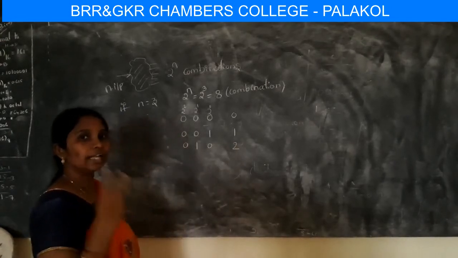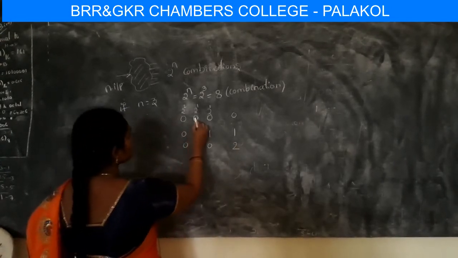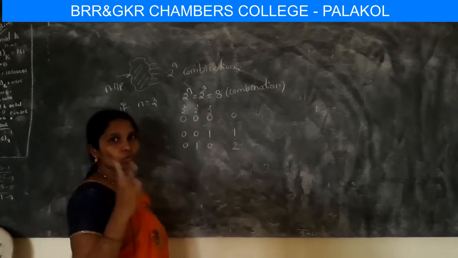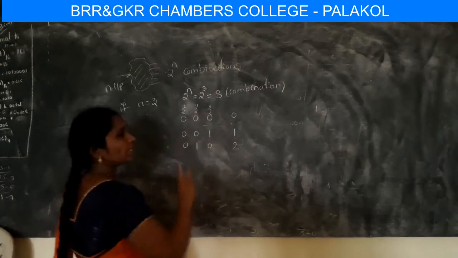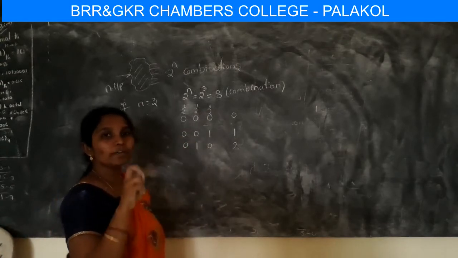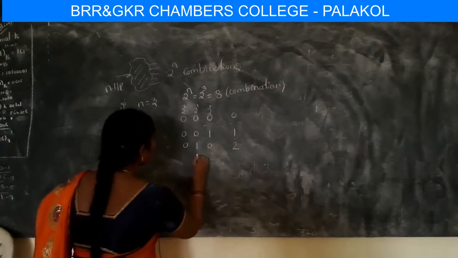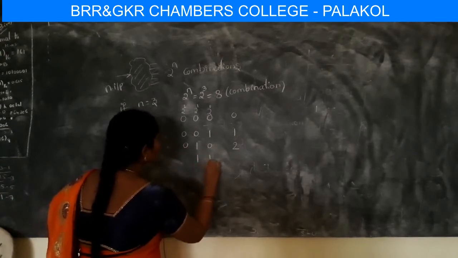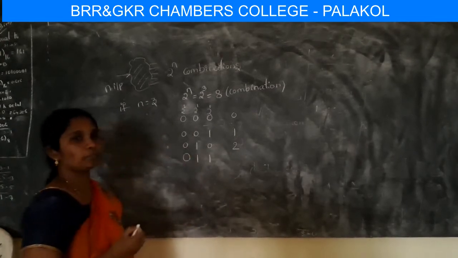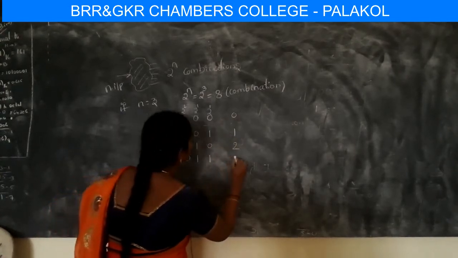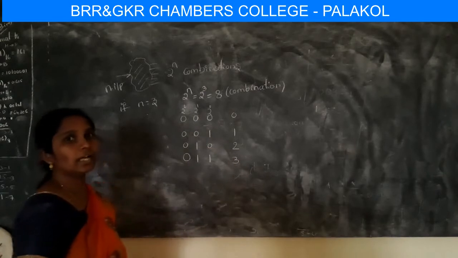And after that 3: 3 is 2 power 1, which is 2, plus 2 power 0, which is 1, so I will put 011 here. Okay. Therefore this is the decimal equivalent number 3.